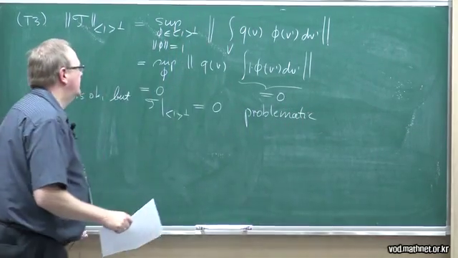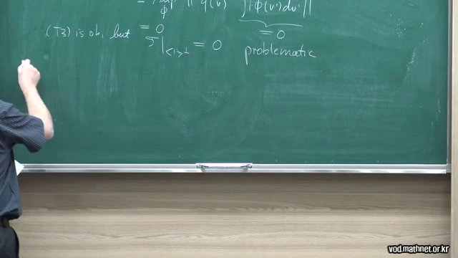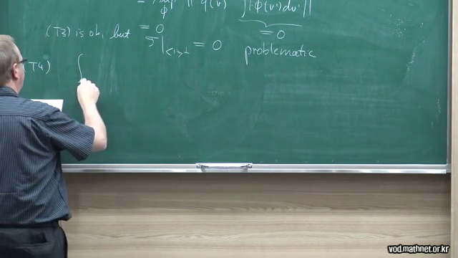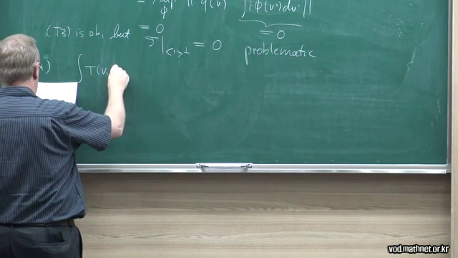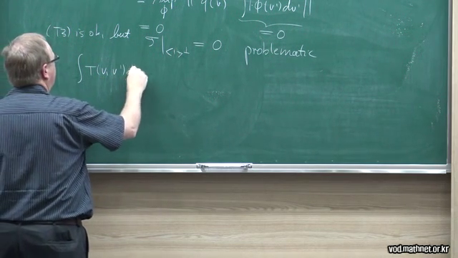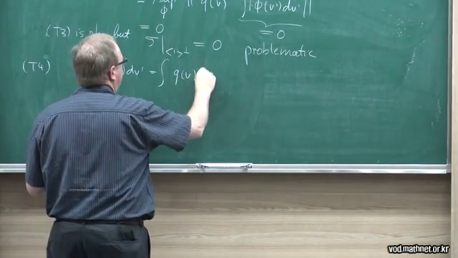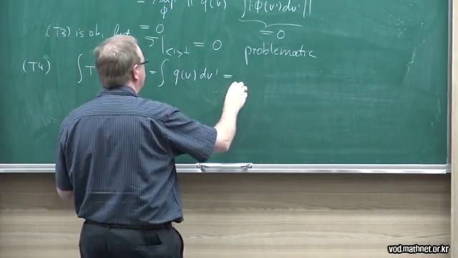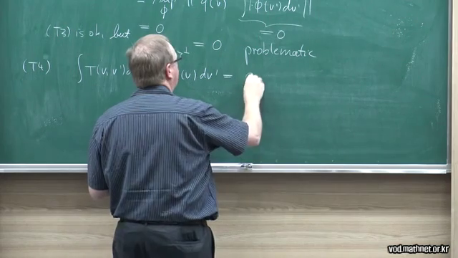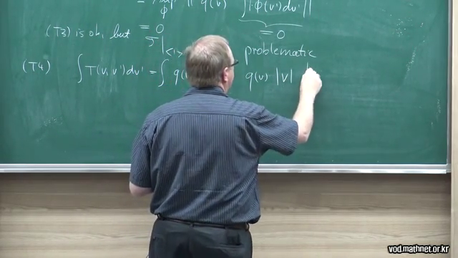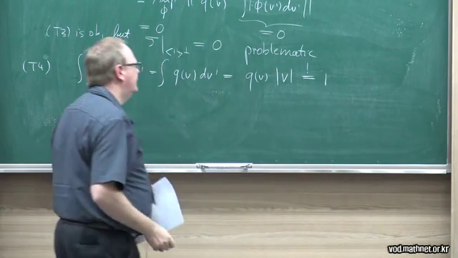Then the last condition, T4. We have the integral of T of v, v prime, dv prime. So that's the integral of q of v dv prime, which is q of v times the size of capital V, which is supposed to be equal to 1.